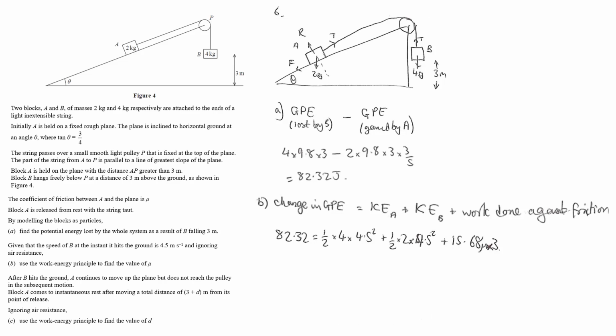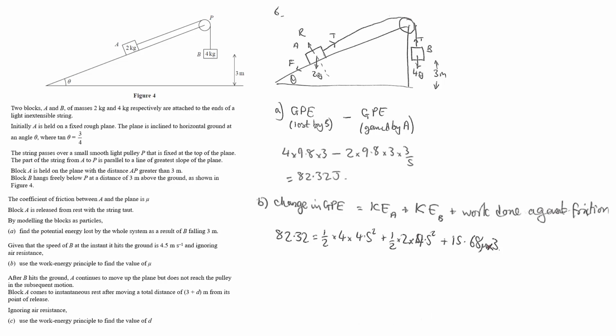I've already worked out the change in gravitational potential energy. That's the potential energy lost that is converted, okay? And I've put in all the figures for that, the kinetic energy, plus the work done against friction.